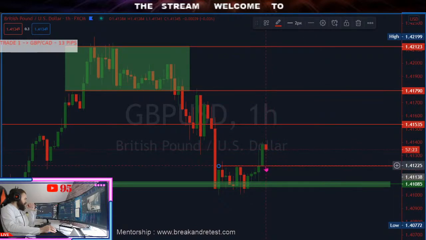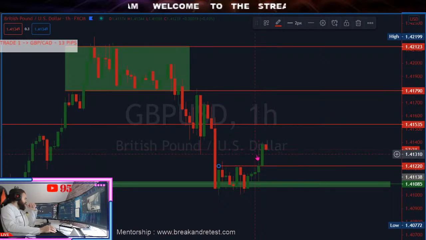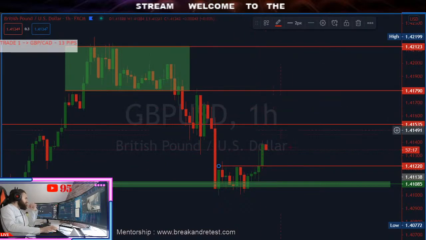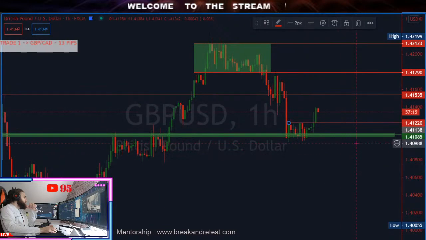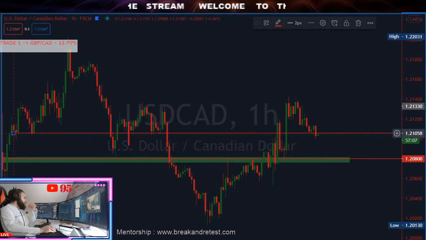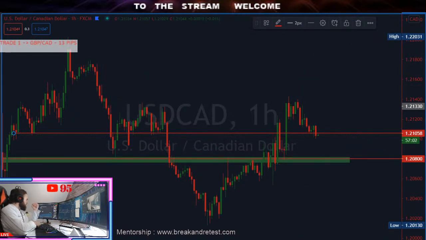It needs to come all the way where the previous candle started. Yeah, I saw that too. Maybe I was looking at USD CAD. USD CAD? It's very weak close. Yeah, it's very weak close. It's not good enough.